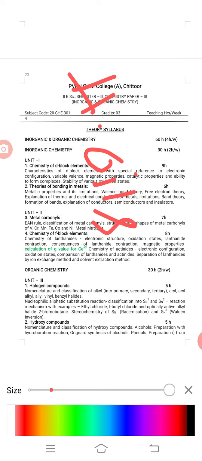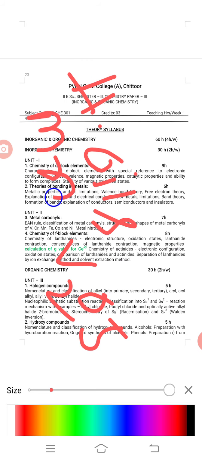In some other processes, V2O5, vanadium pentoxide, is used as a catalyst, and MnO2 is used as a catalyst in industries.